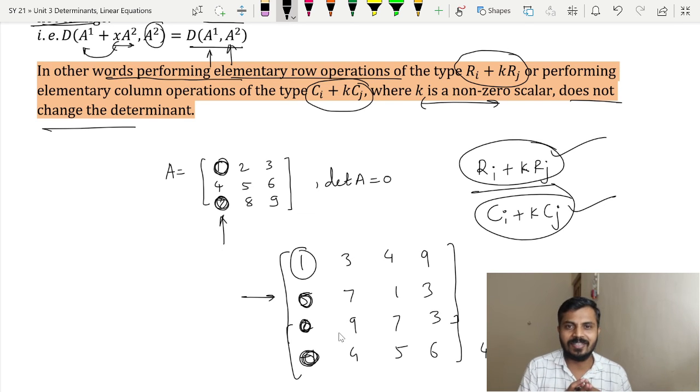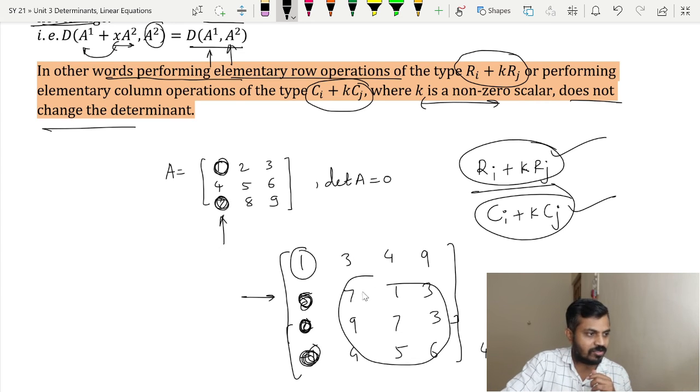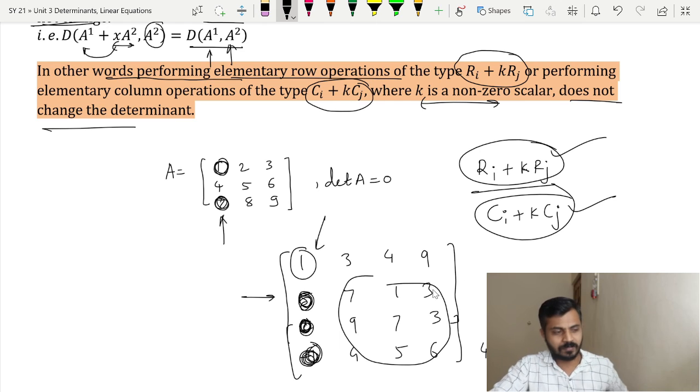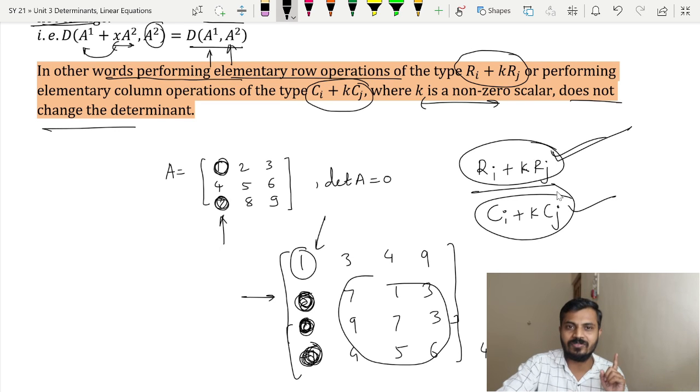We have already studied it in echelon form, right? Once we make all these entries 0, obviously the other entries will change as we are performing elementary row operations. But since these 3 entries are 0, it will be easier to find the determinant by using the first column, right? But just take note of how to make these 3 entries 0: by performing these operations only.